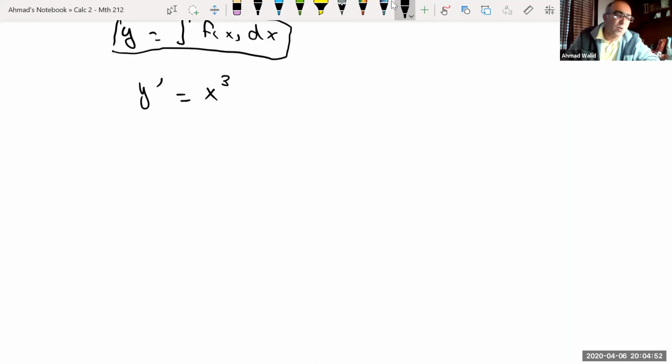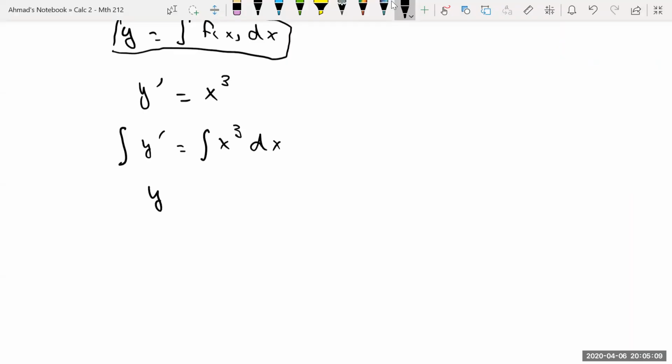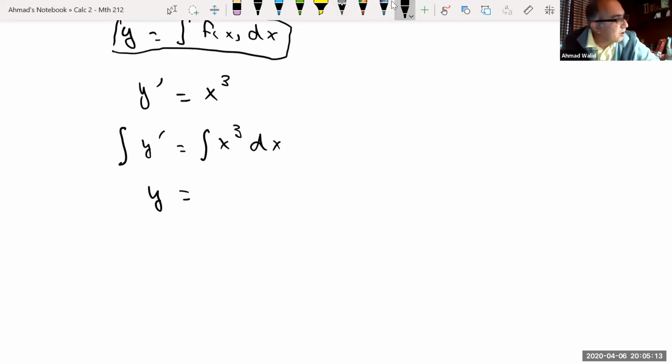Now, how to solve this? It means take the integral from both sides. You can write the integral of y prime equals integral of x cubed dx, of course. What is the integral of y prime? y. y equals, what is the integral of x cubed? I know everyone forgot how to do this integral. Now you need to go and check the book, right?